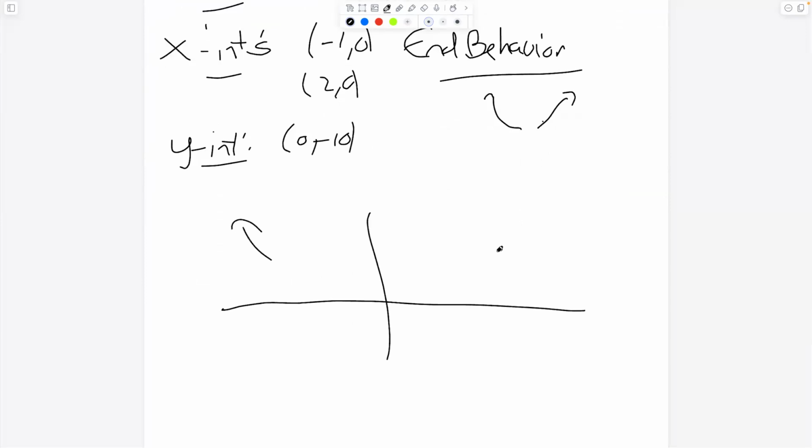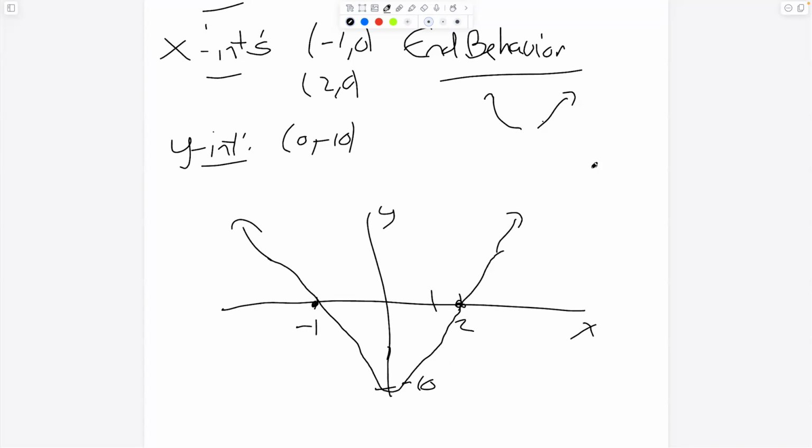I know both arms go up. I know I've got an x-intercept at (-1, 0), another one at (2, 0). My y-intercept is down here at (0, -10). So my graph is going to do something like this. So there's a rough sketch of the graph.